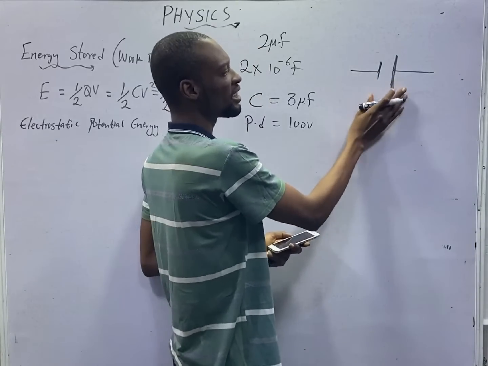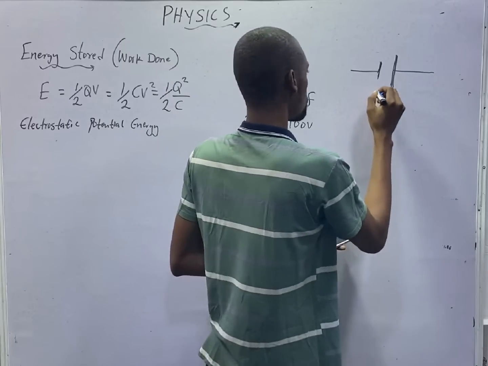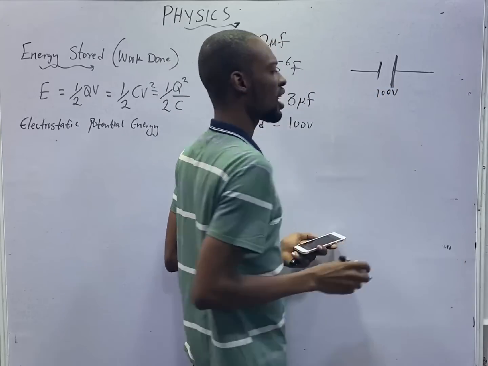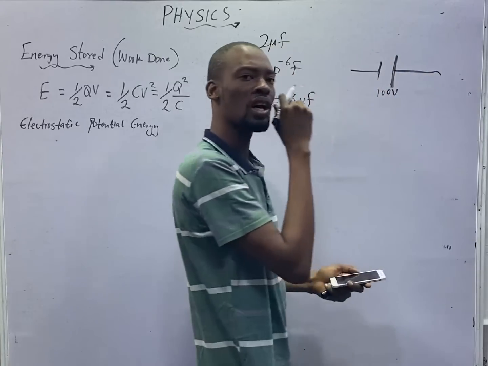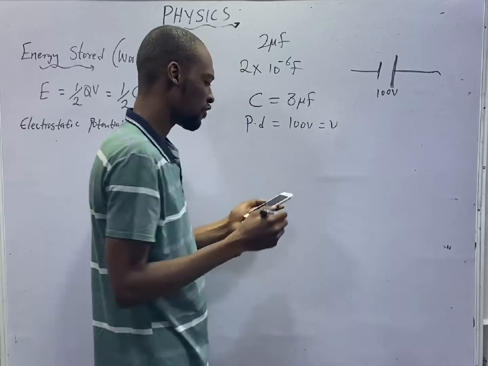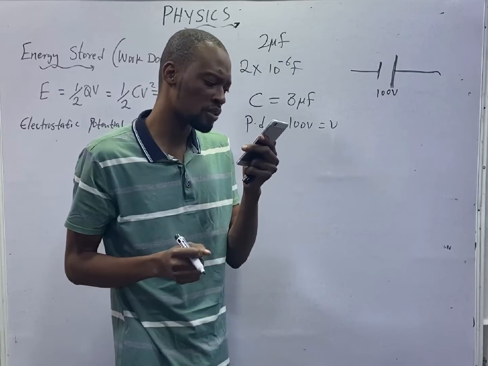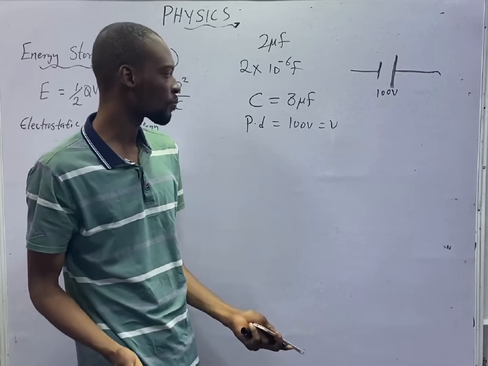The difference in potential between here and here is the voltage, so here it is 100 volts. Current will move from the place of higher potential to lower potential. And what is the question? Calculate the energy stored by the capacitor.